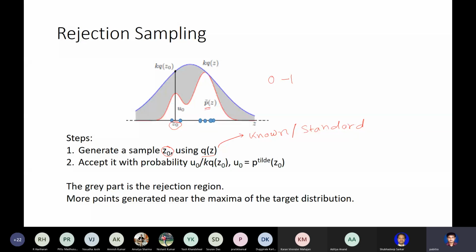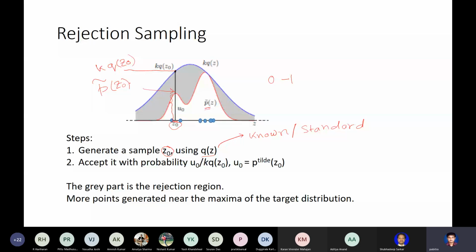Look at this ratio. You have z0, and you know P tilde, so you know this height, P tilde(z0). And we also know this height, k q(z0).